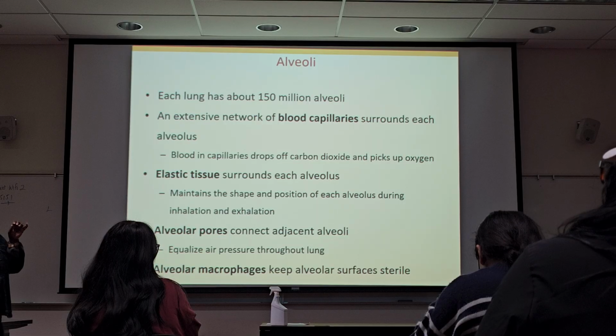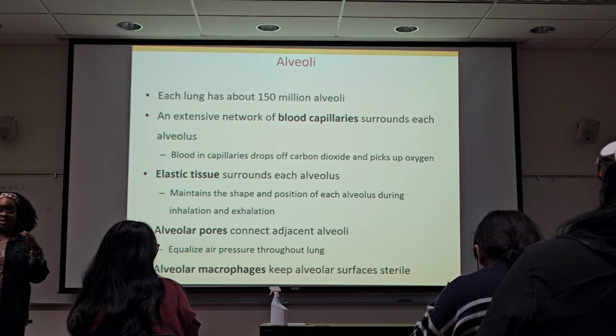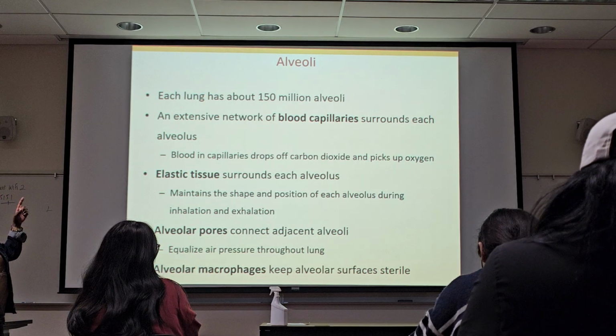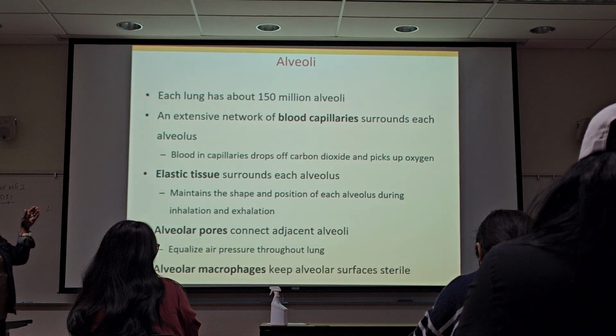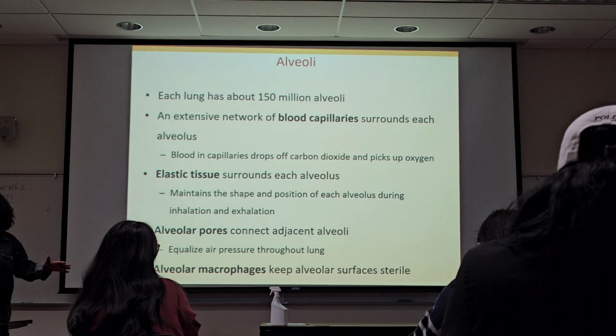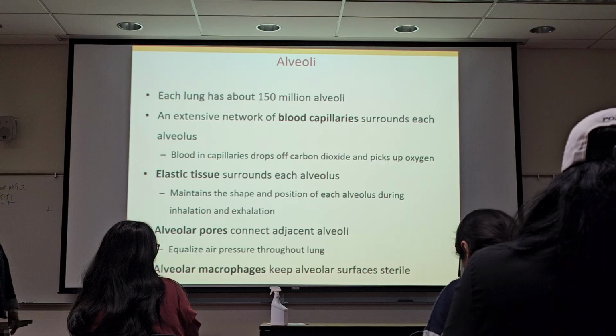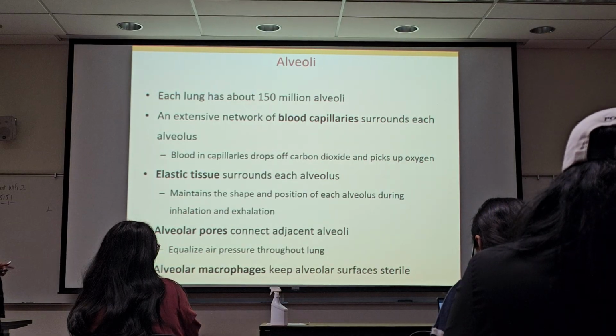That's going to help gas to easily cross out of the blood and into the thin-walled alveoli. The alveoli have thin walls, simple squamous epithelium, thin and delicate. Gas can cross right through these walls.